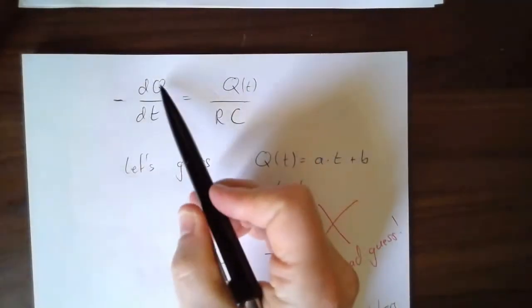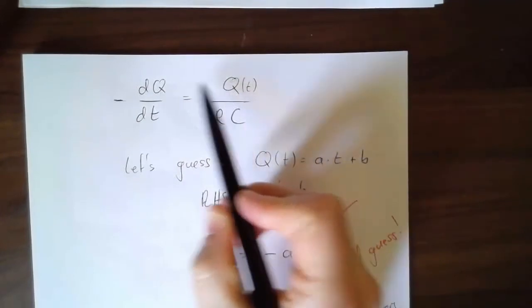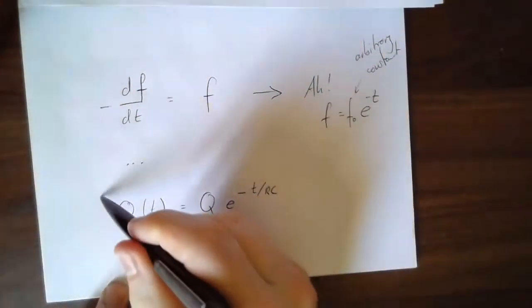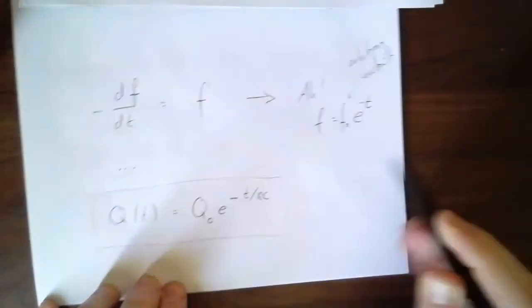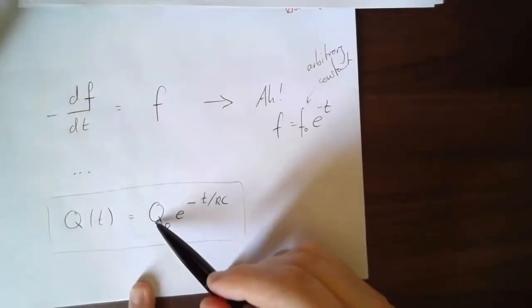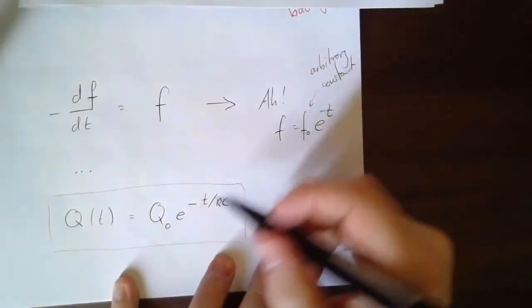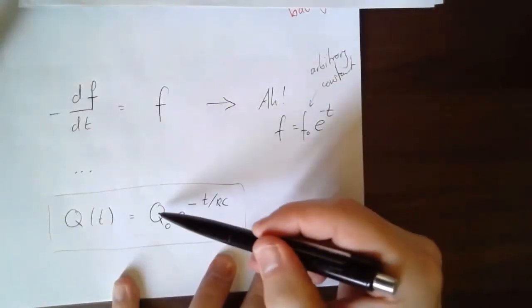Now actually, because there's q here and dq dt here, if we multiply the q by a constant, the constant is also here, so it's kind of arbitrary. Let's call this q naught. It's going to be our solution. This could be 5, 10, 100, 0.02, who knows? This will be a solution for any value.